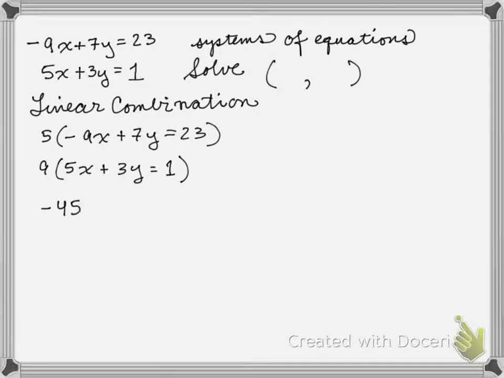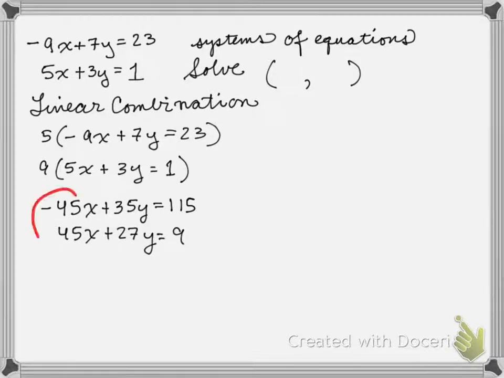So the first equation and the second equation, and now you can see that I've got those coefficients matching up. They're opposite in this case, so I'm going to add these two equations together.